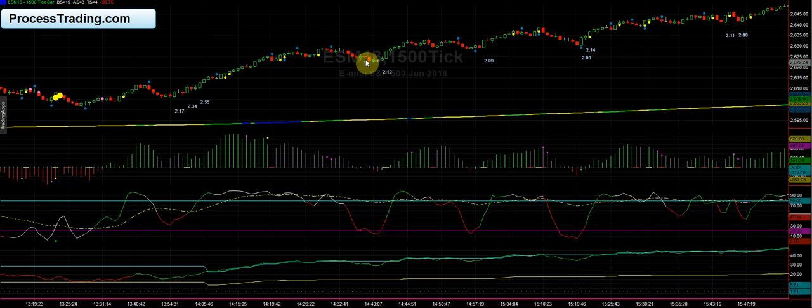Is this starting a downtrend or not? You can see that it is not starting a downtrend by all the other indications other than the momentum. The momentum did drop because of this slight pullback here, but all the other indications within the system show you that that uptrend is still strong.